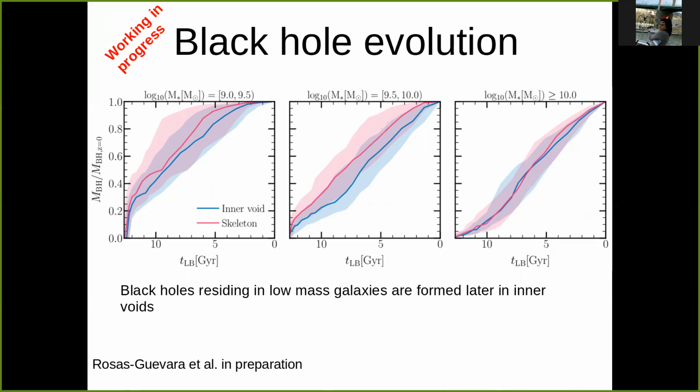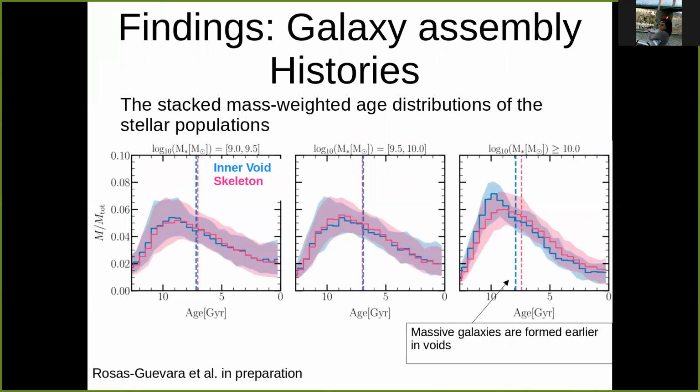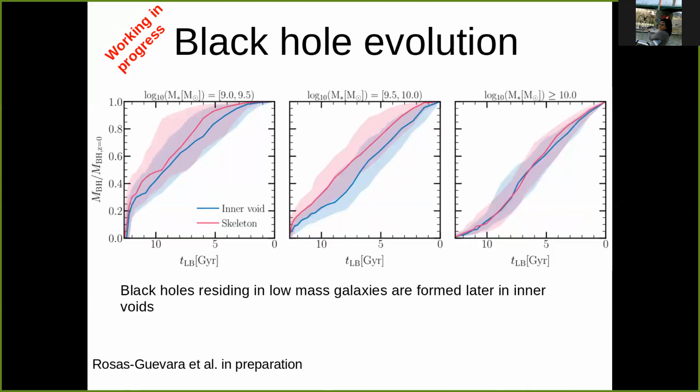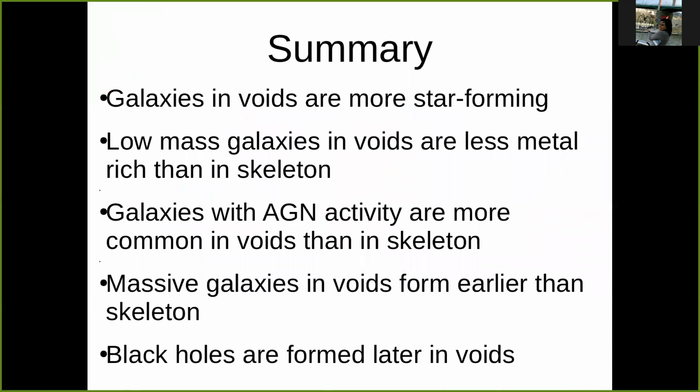This is important because, as we noticed previously, there is no difference in the assembly history of the inner void and skeleton galaxies. However, in the black holes that they are hosting, we see a difference in the growth of the black holes.